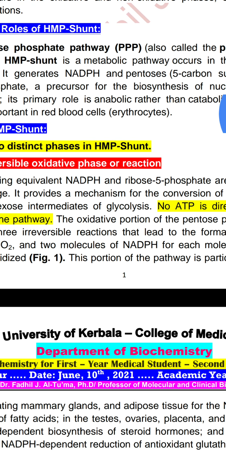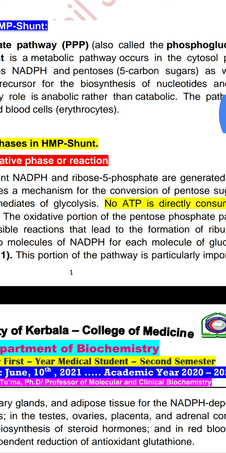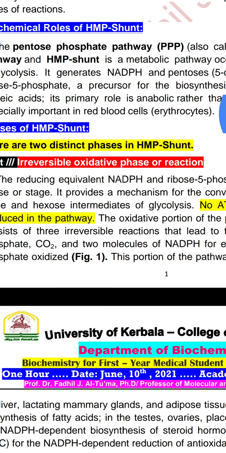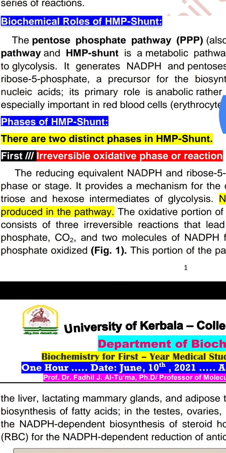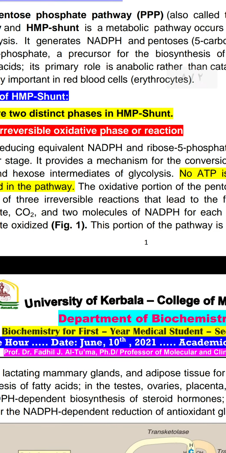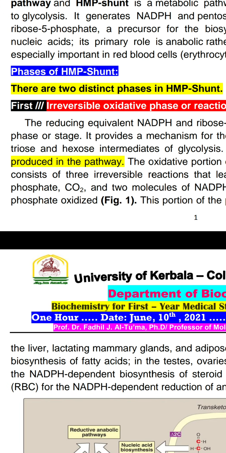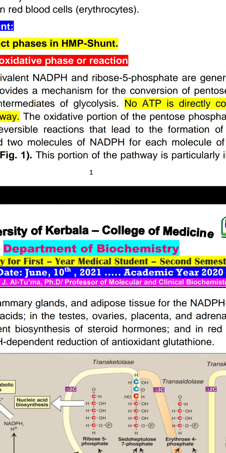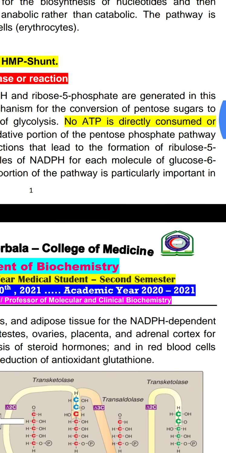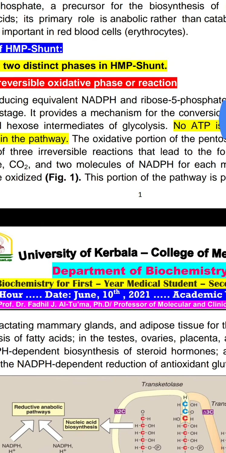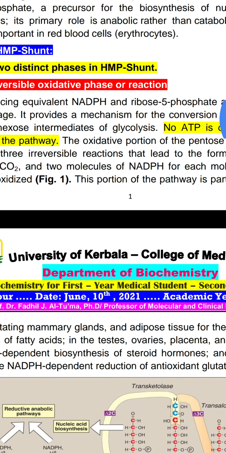It provides a mechanism for the conversion of pentose sugar to triose and hexose intermediates of glycolysis. No ATP molecule, no adenosine triphosphate, is directly consumed or utilized by this pathway.